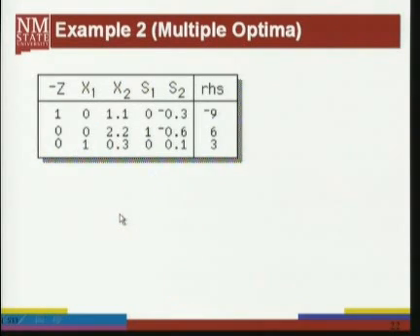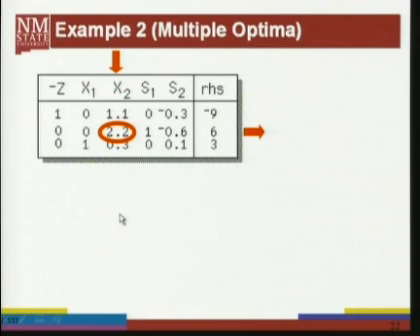If you look at the relative profit again, the current basic solution is not optimal yet, right? Because there is a positive value of relative profit, which means increasing x2 will increase the objective function value. So in this case, x2 will enter the basis.